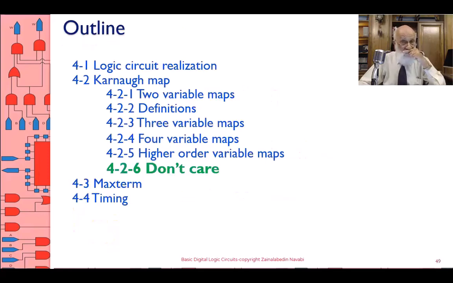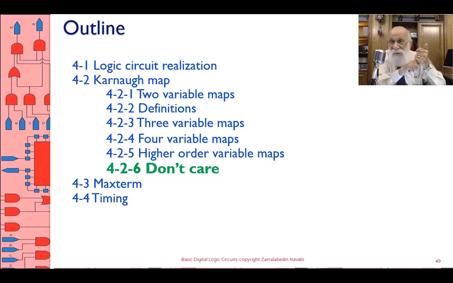Well, why do we look at something we don't care about? Because something we don't care about can give us an advantage in smaller maps. Okay, so this is the key thing. If you don't care about a certain input combination, what happens to it?